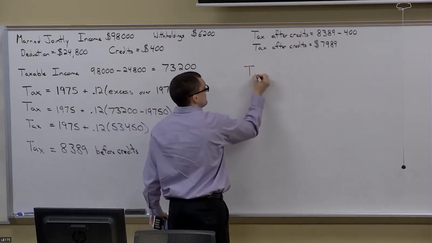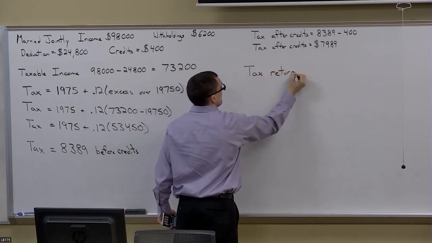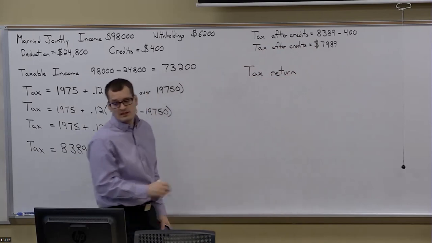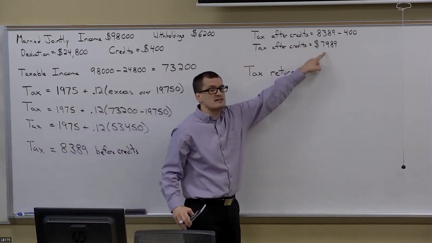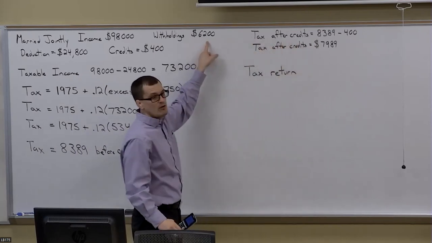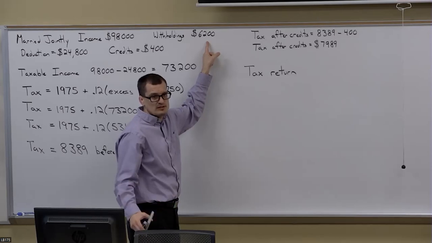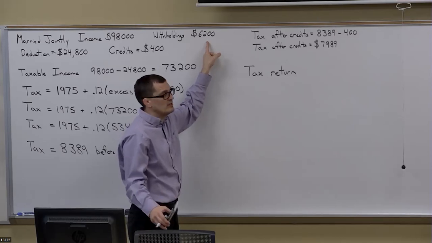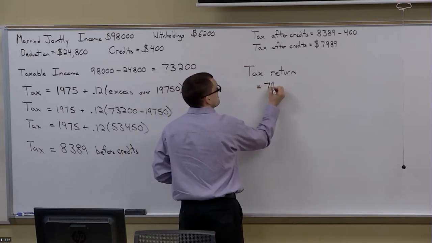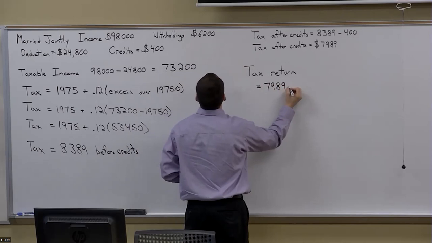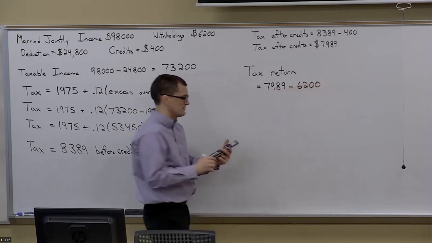Now, the tax return is going to say, what's the difference between that number and the withholdings that I've already paid in towards the government, or that my employers withheld and paid in towards the government. So what's the difference between 7,989 and 6,200?